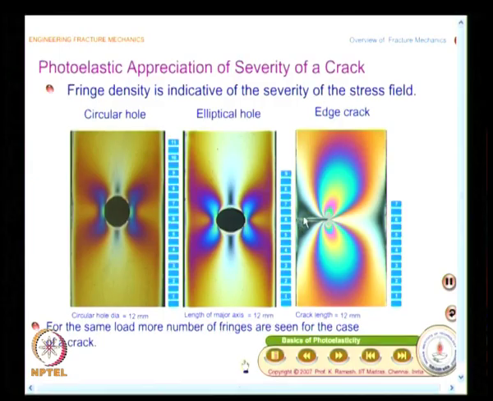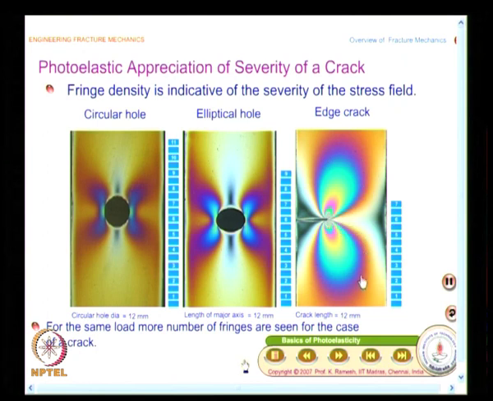And I have also asked you to look at the special features of the fringe in the vicinity of the crack. Let us look at the features of the fringe. This is the crack and we will take this as a reference axis. About this axis, the fringes at the top and at the bottom are symmetrical. The other striking feature is that the fringes at the top are tilted forward.